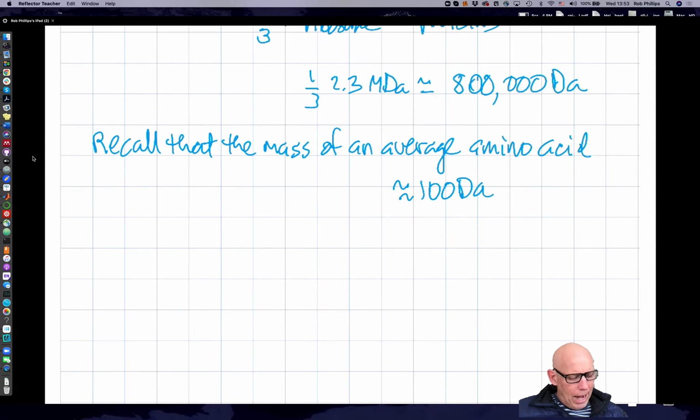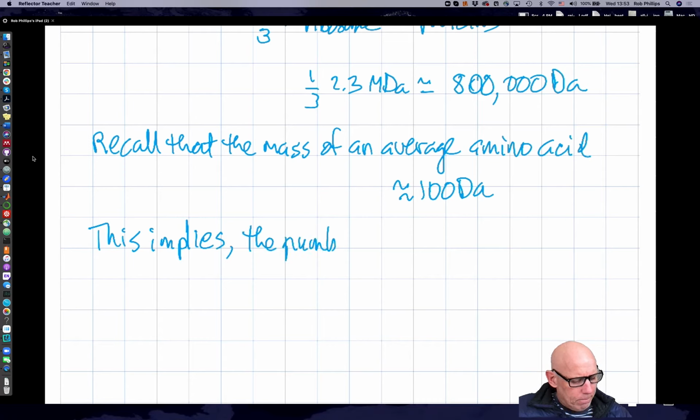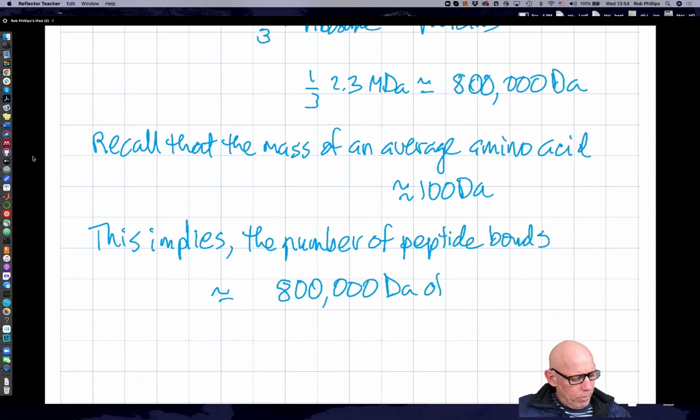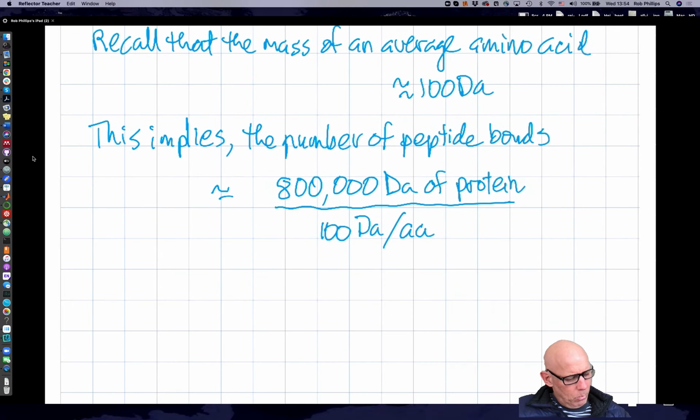So given this fact, this implies the number of peptide bonds is approximately equal to 800,000 daltons of protein divided by 100 daltons per amino acid, which yields, what does it yield?